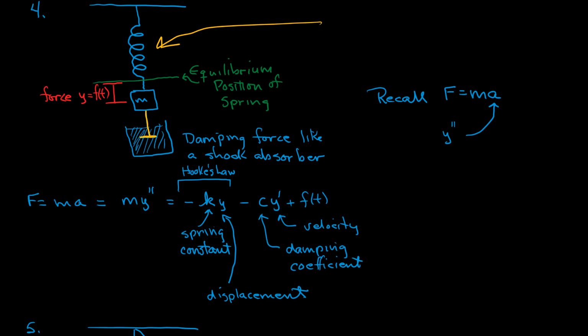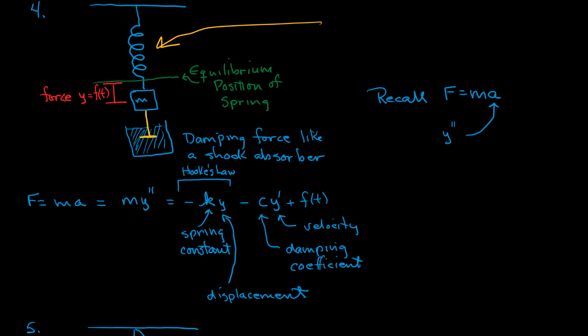We can see that in this first part of the right-hand side of our equation. k is going to be our spring constant, and y is the displacement, the change in position. The change in position is just how far the spring is stretched when the mass is hung on that spring.